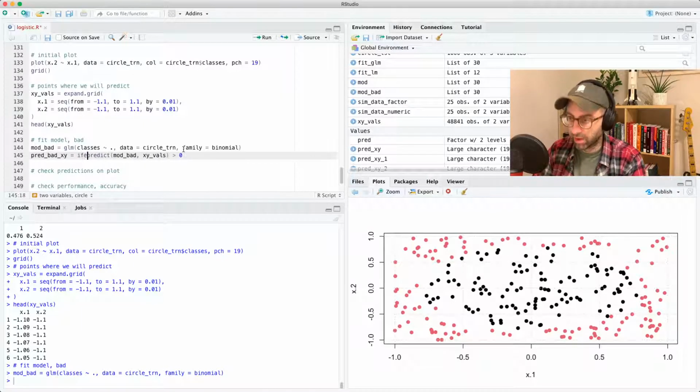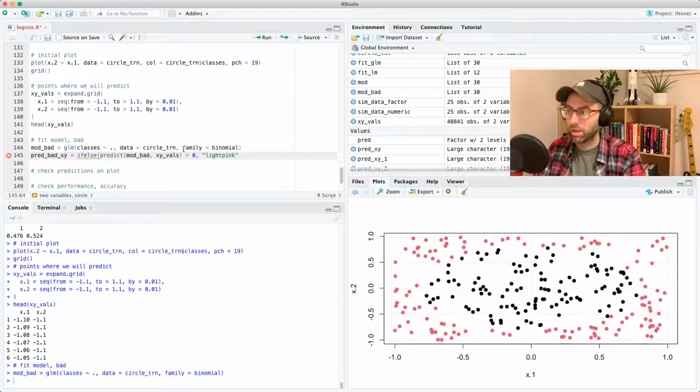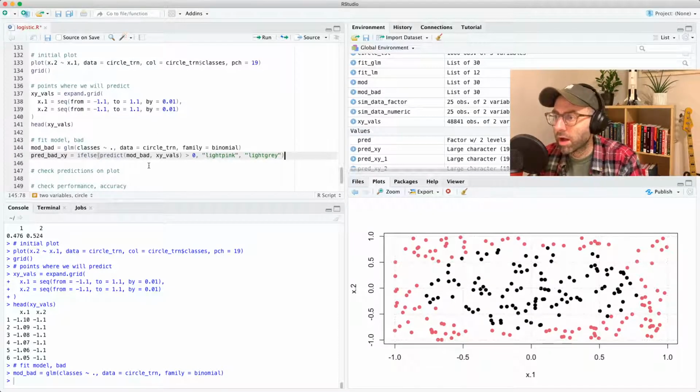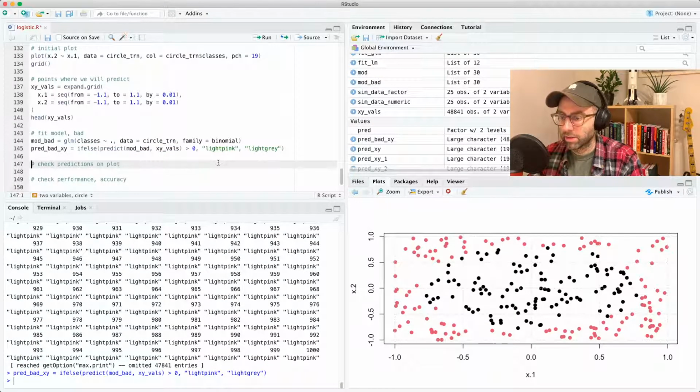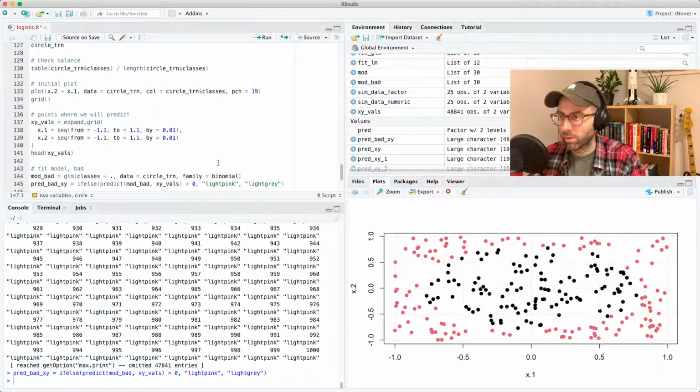So we'll do an if else that gives light pink, which is the second class, which is y equals 1 mathematically. Otherwise it will be light gray, like that. Let's just check that real quick before I do it. Okay, that seems good.